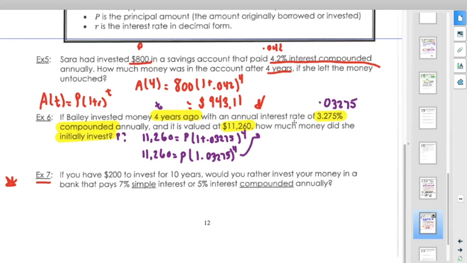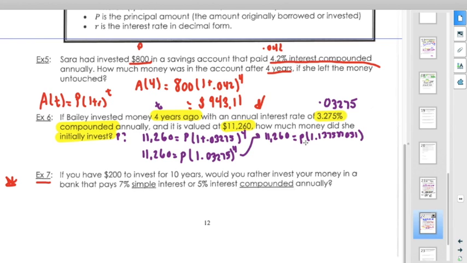Actually, yeah, no, we got to raise it to the 4th power. So it's going to be 11,260 equals P times, this is a long number, 1.137577031.